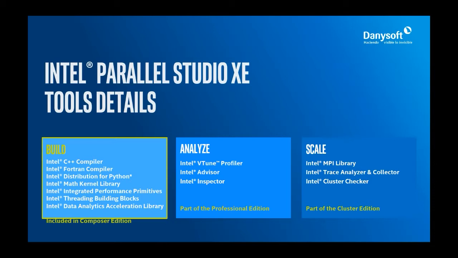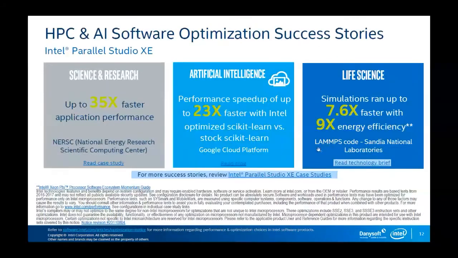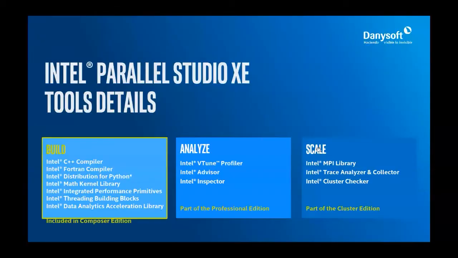Well, going back and trying to summarize the different editions available in the Intel Parallel Studio. If you remember, previously I told you that there are three different editions. The Composer edition, which is focused on building an application.